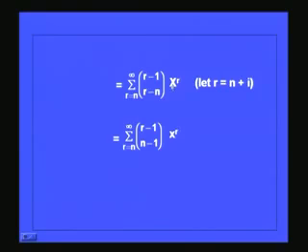So, rewriting that previous expression, it will be equal to the sum of C(r-1, r-n) x power r, where the summation ranges from r equals n to infinity.